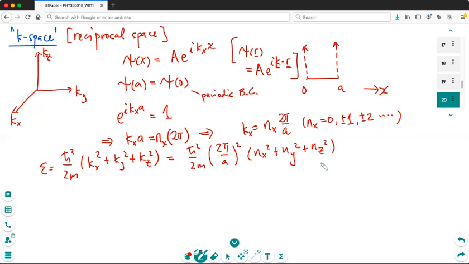Okay, so I can just stop here actually, but I'm going to do one more step. This is a service for you. I'm going to convert to h, the Planck constant, rather than the h bar reduced Planck constant. So this will be nx, ny, and nz.